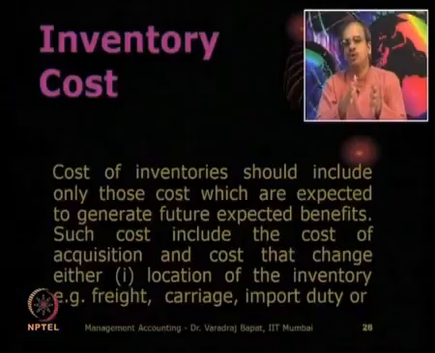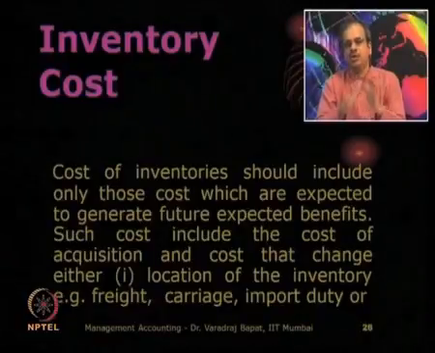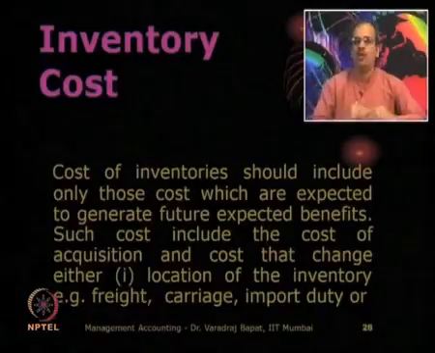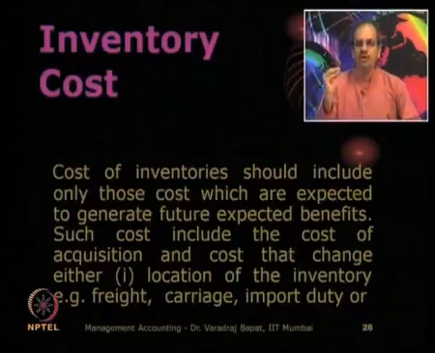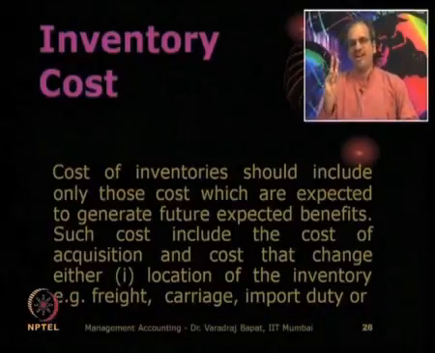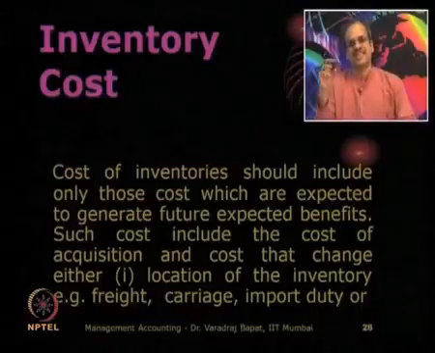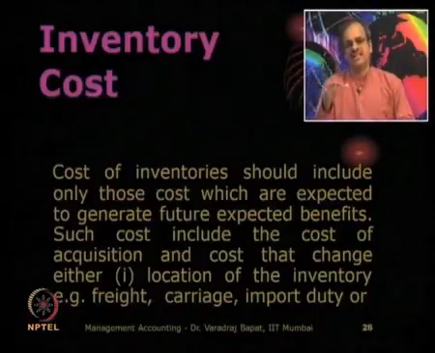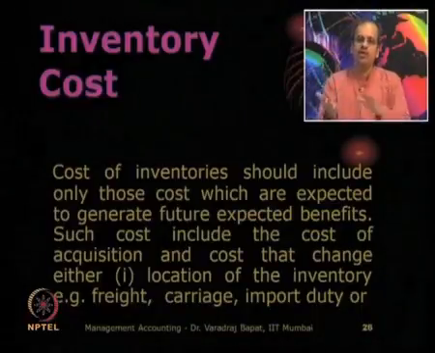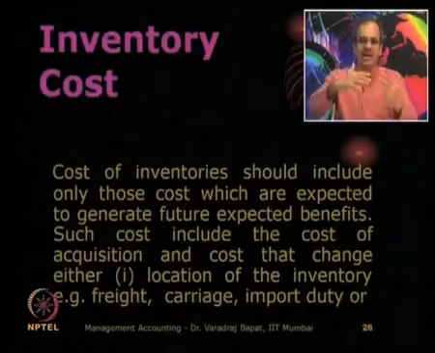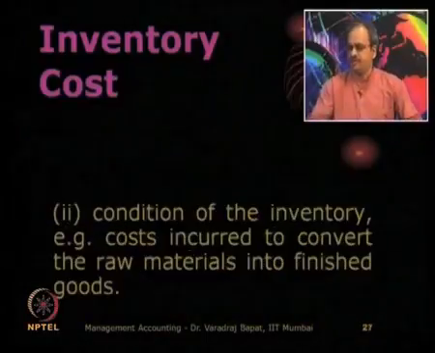So, I do include all those costs to bring the inventory to my location. It will include carriage inward, freight, import duties, taxes like octroi, which are required to be paid to change the location of inventory and bring them to my place.